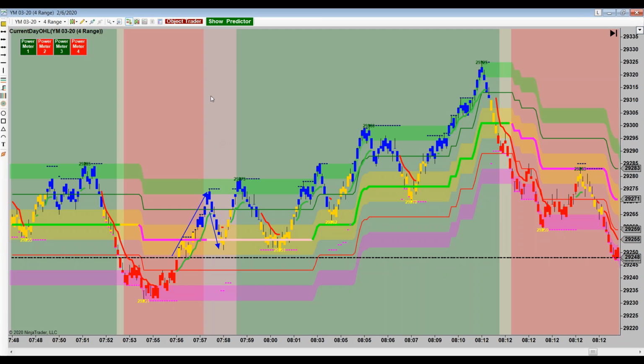Let's not worry about trade entries for the next minute or two. Let's just conceptually look at what we're talking about. Here's another example of a thrust, and here's another example of a retracement.